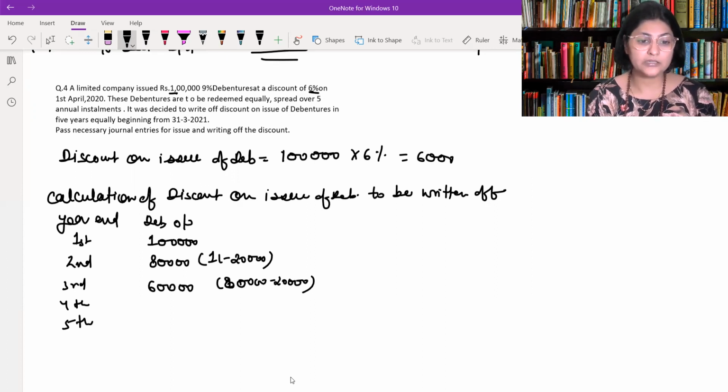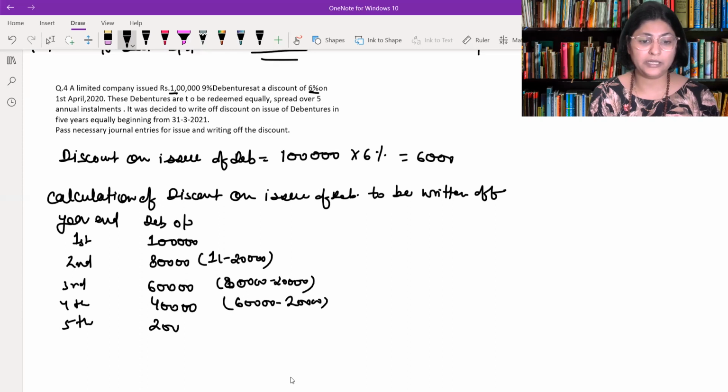Then here will be 40,000, which is 60,000 minus 20,000, and at the end there will be 20,000, which is 40,000 minus 20,000 debentures.